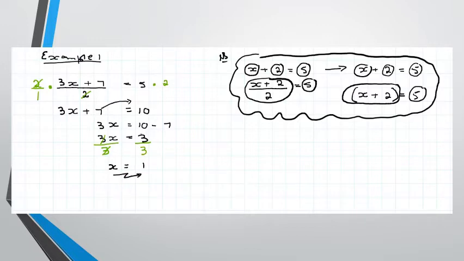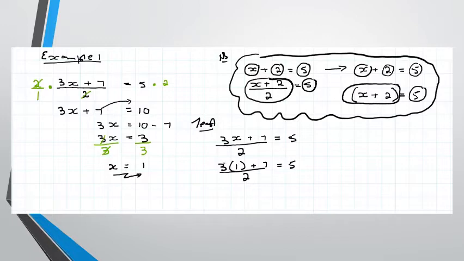Now testing this answer is going to be a little bit trickier. Let's see. I go over to the test and write it down, namely (3x + 7) over 2 equals 5. I'm substituting the 1 now. So I have 3 multiplied by, in brackets, the x value, which according to my answer is 1, plus the 7, divided by 2 equals 5.